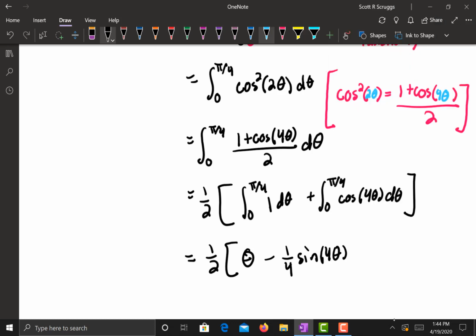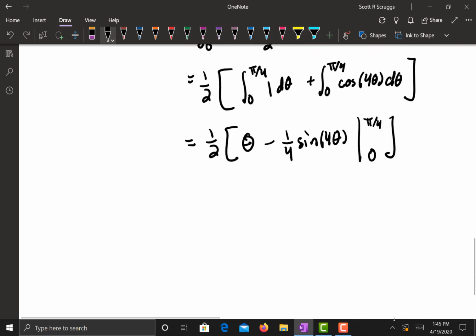And my fundamental theorem of calculus tells me, evaluate at the upper bound of the integral, subtracted by the integral evaluated at the lower bound. And so if I do that, oh, that should be positive. There we go.